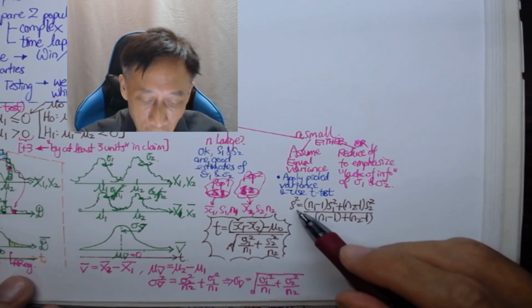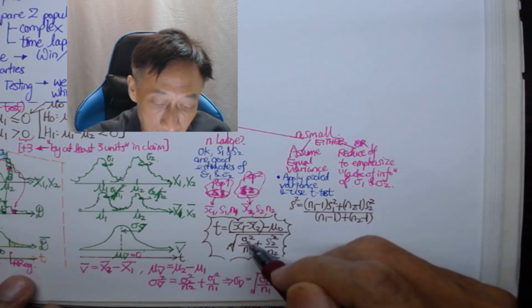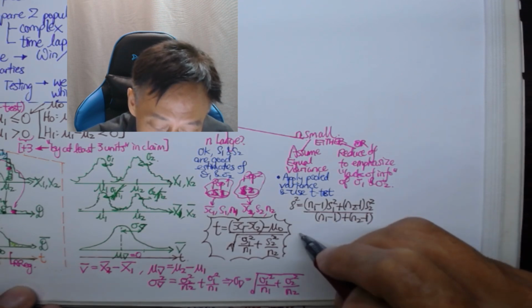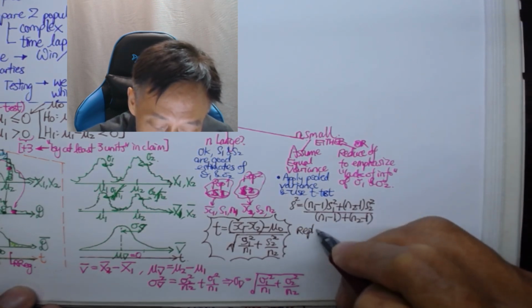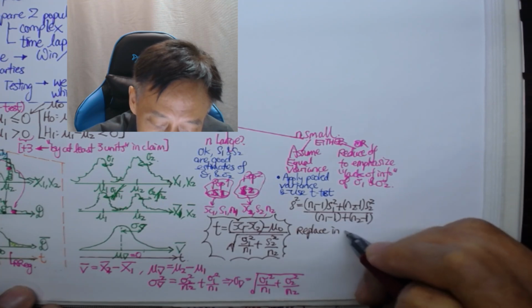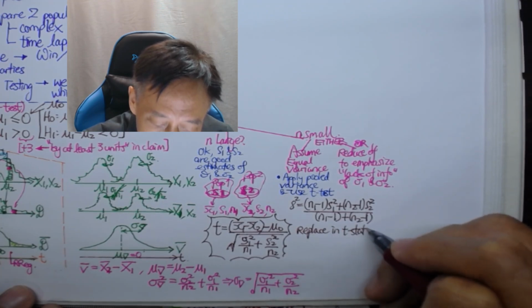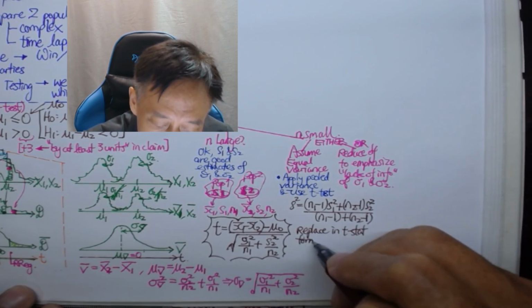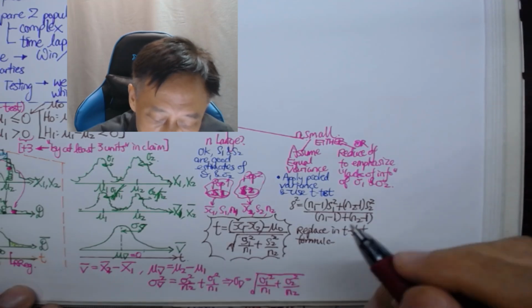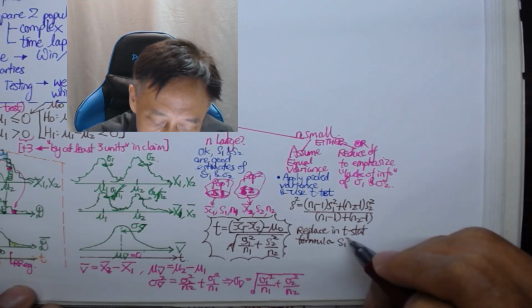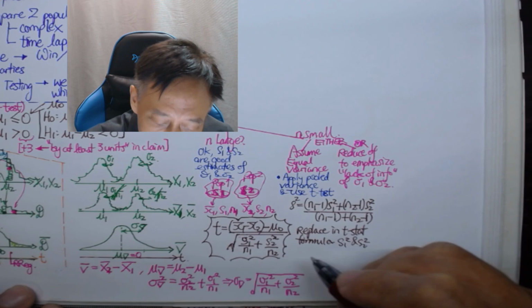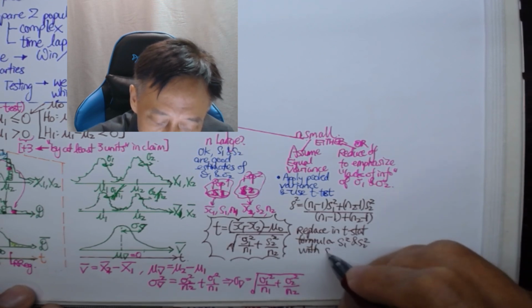What happens once we have calculated S squared? We replace, in the T stats formula, this one on the left, S1 square and S2 square with S squared, finish.